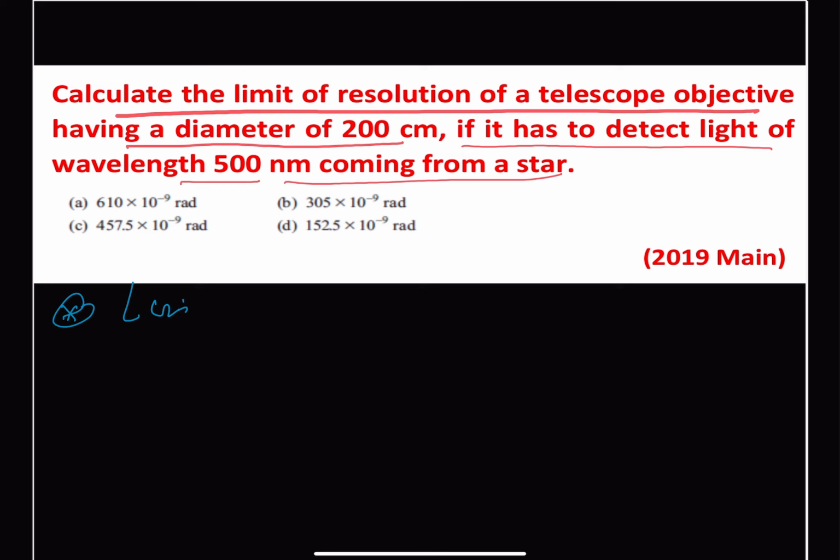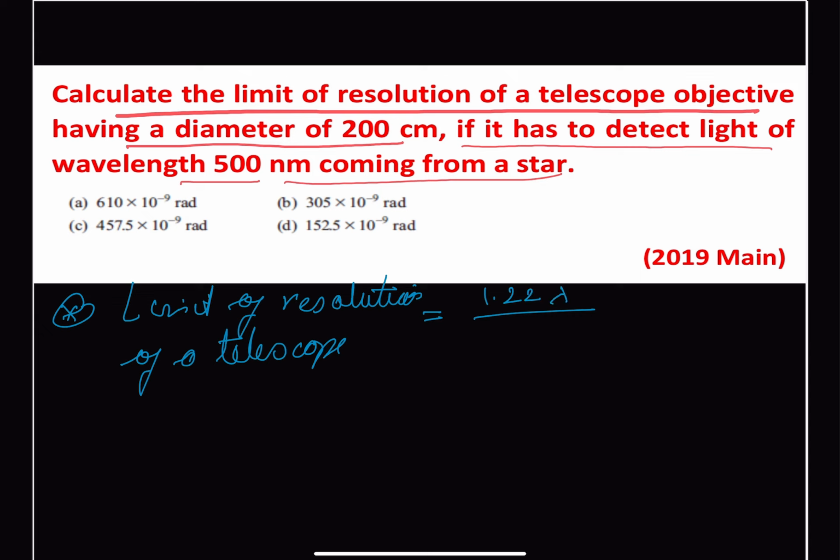We have the limit of resolution of a telescope, and that is given as 1.22 lambda divided by capital D. Okay, and this is represented as theta.